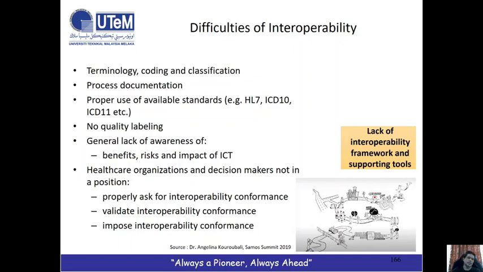And then proper use of available standards, HL7, ICD-10, ICD-11, to force the hospitals, especially private hospitals, they are not centralized.